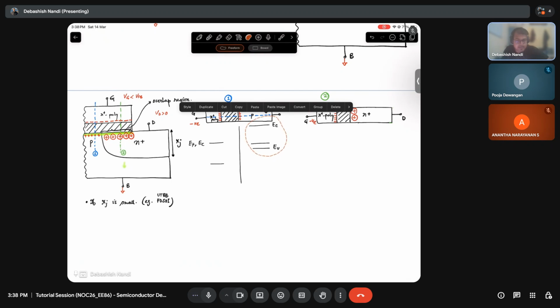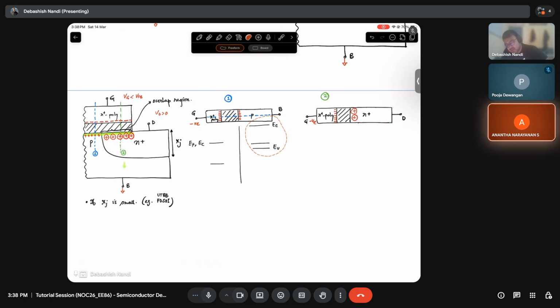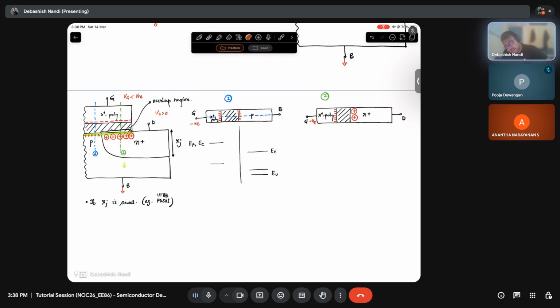But again, you are applying a negative voltage. So effectively your bands will behave like this.